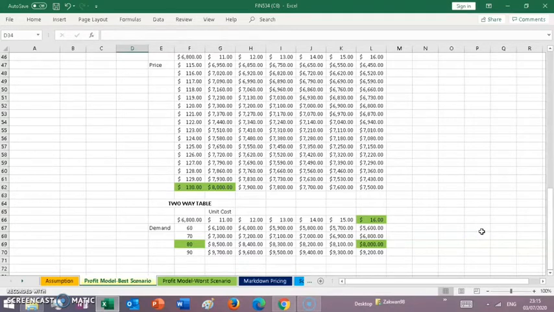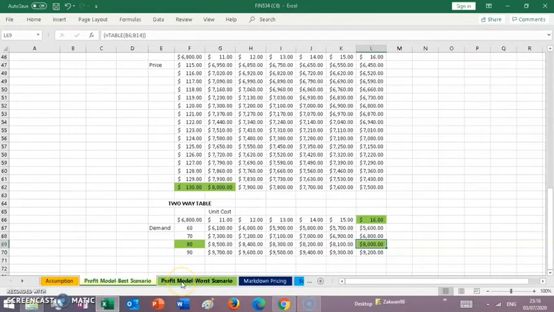I get the target also, which is I don't have to change the unit cost, but I just need to change the demand. So I need to work more in a month to get 80 unit demand, so I can get the sufficient target, which is 8,000.